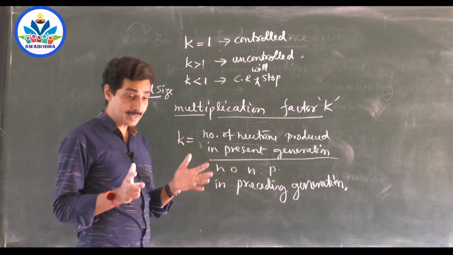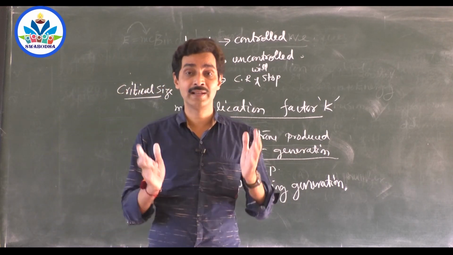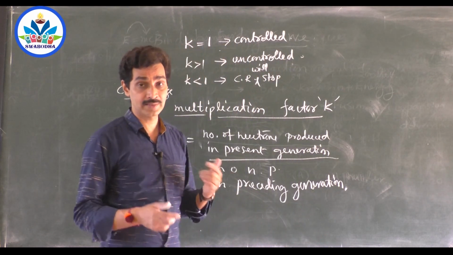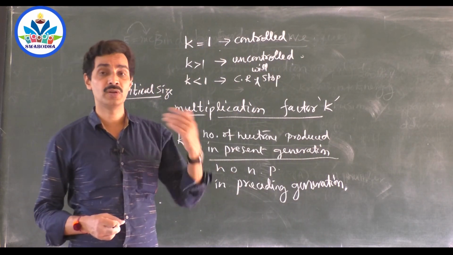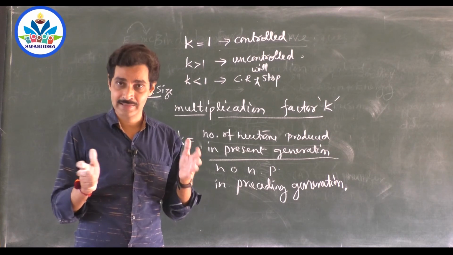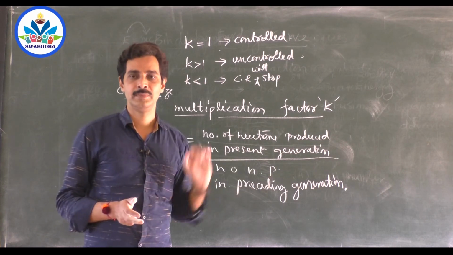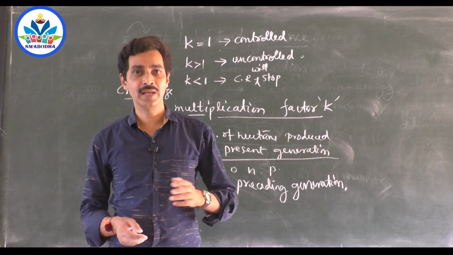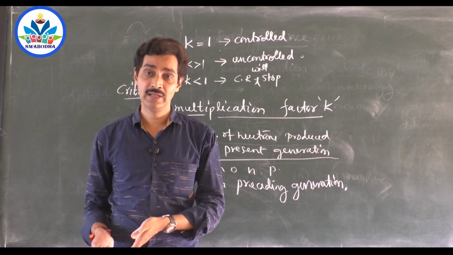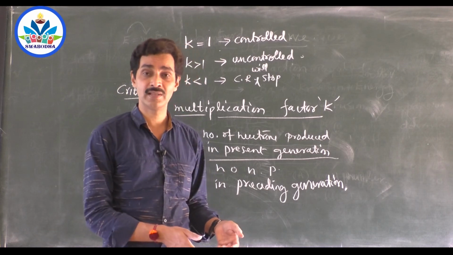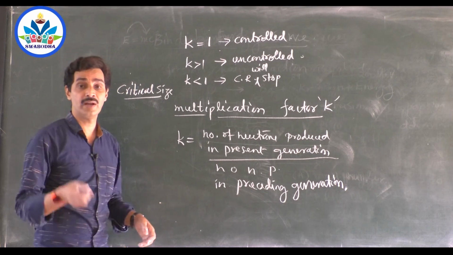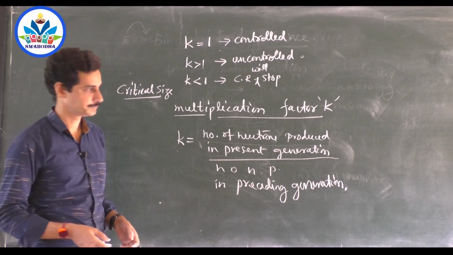That means if you take the sample in critical size, the number of neutrons produced in the present generation and the number of neutrons lost will be balanced and the chain reaction will continue. As I gave in an example, when 27 neutrons are produced, suppose 18 escape from the material, then 9 will remain. Those 9 will again produce 27 neutrons, 18 will escape. So critical size is the minimum size required for controlled chain reaction.